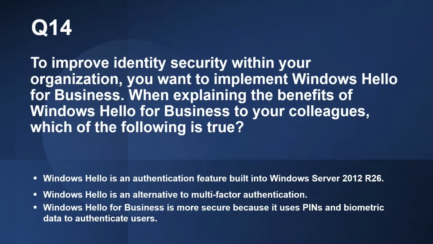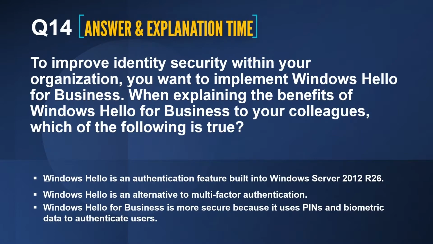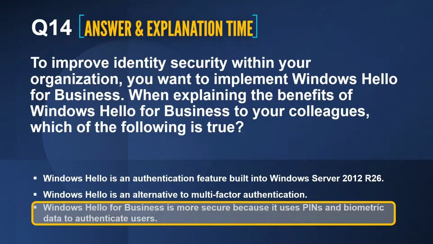Windows Hello is an alternative to multi-factor authentication. Windows Hello for Business is more secure because it uses pins and biometric data to authenticate users. The correct answer is Windows Hello for Business is more secure because it uses pins and biometric data to authenticate users. And this does not transmit data to an external server.